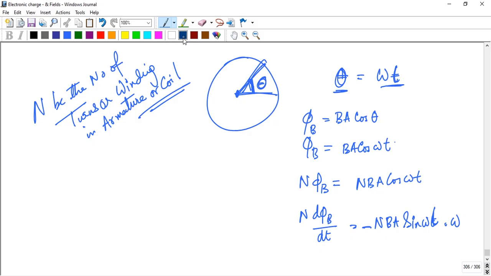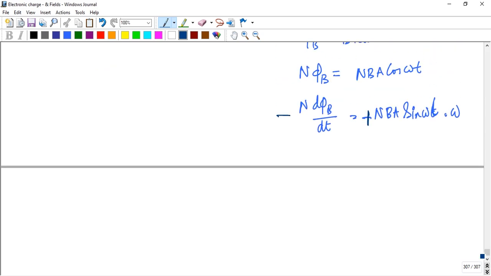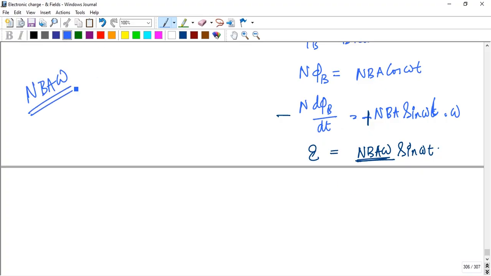Now put a minus sign on both sides, so this minus turns into plus, and the EMF is equal to NBA omega sine omega t. NBA omega is a constant, and this is the maximum value of EMF.